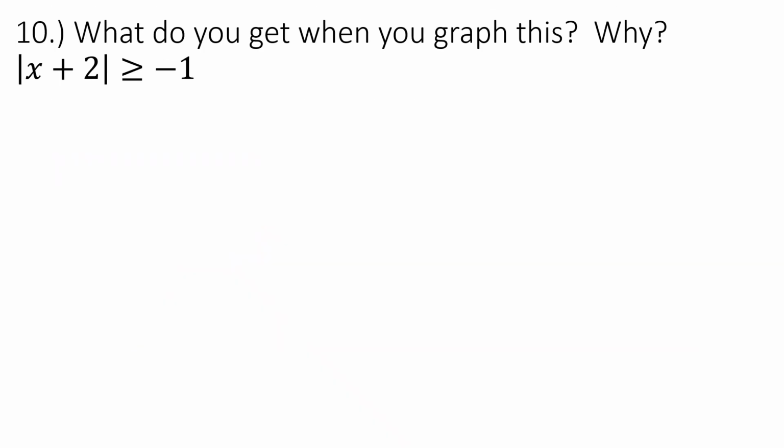Next one says the distance from 0 is greater than or equal to -1. Well, if you picture a number line, okay, here's the -1, here's the 0. The smallest distance can be is 0, and then it's positive.